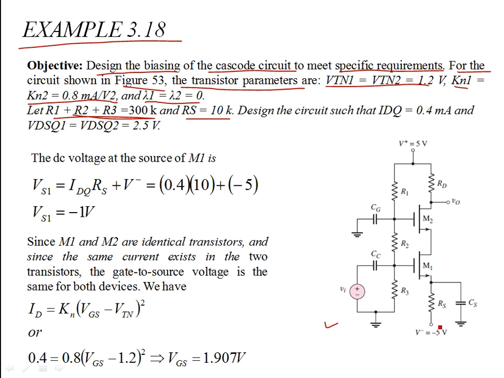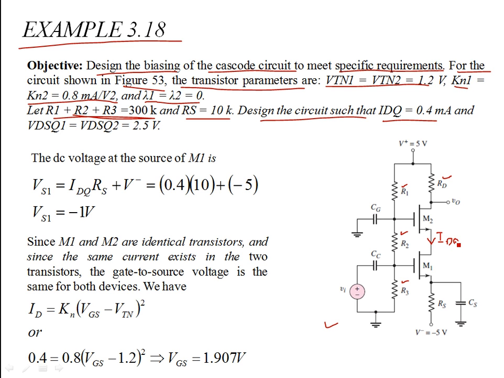Your source resistor for M1 is given as 10 kilohms. So you have to design the circuit, which means find R1, R2, R3 independently, such that the quiescent current is 0.4 milliamps. Now this IDQ is the same drain source current for both M2 and M1 transistors.